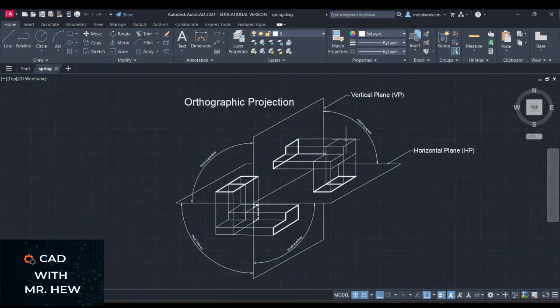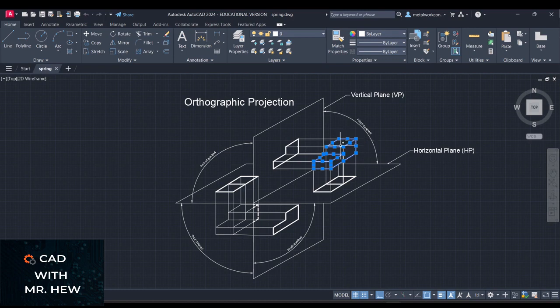All right, so here we have the object, and I'm going to highlight the edges for the object that is suspended above the horizontal plane and in front of the vertical plane. Now recall that when the horizontal plane and the vertical plane intersect, you get 4 quadrants: the first quadrant, the second quadrant, the third quadrant, and the fourth quadrant.